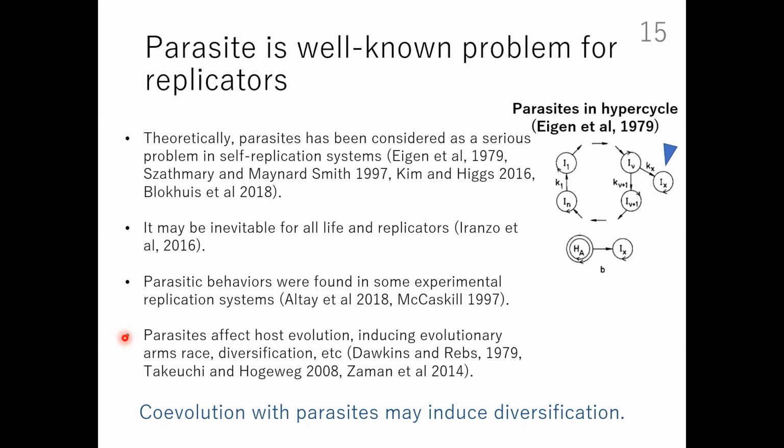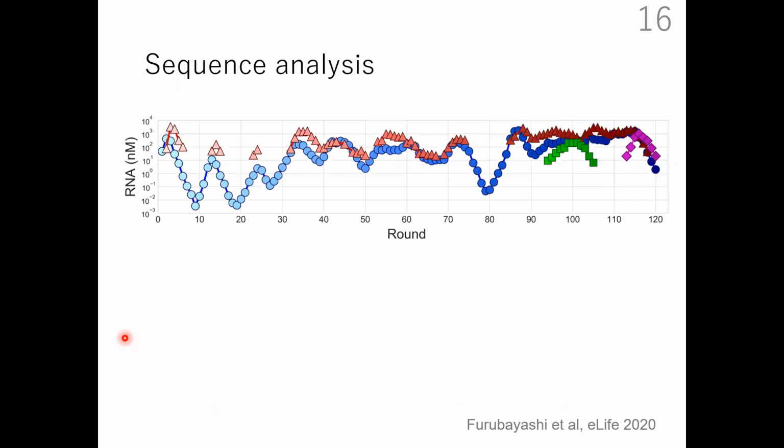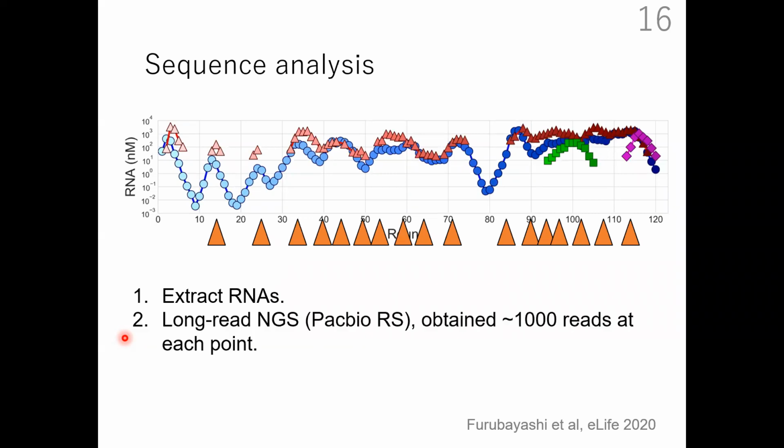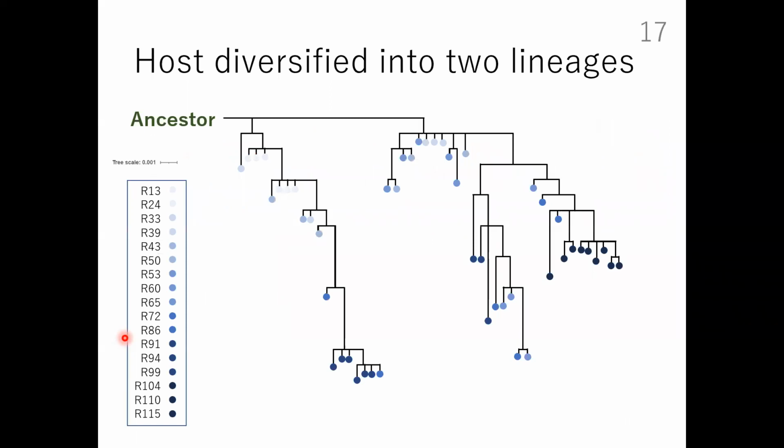Based on this literature, we thought that coevolution with parasites may induce diversification of the host species, host RNA species. So to investigate the diversity, we performed a deep sequence analysis. First, we extracted RNAs at each point, and then performed long-read next generation sequencing using PacBio RS. And we collected the top 3 major genotypes at each point and drew a phylogenetic tree.